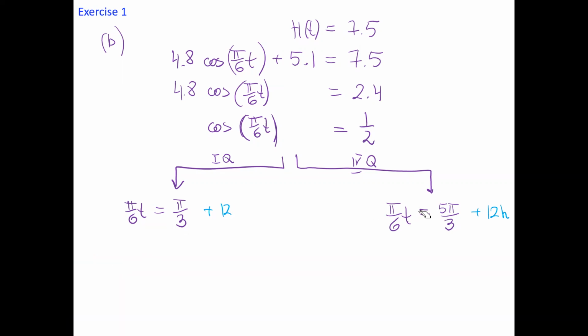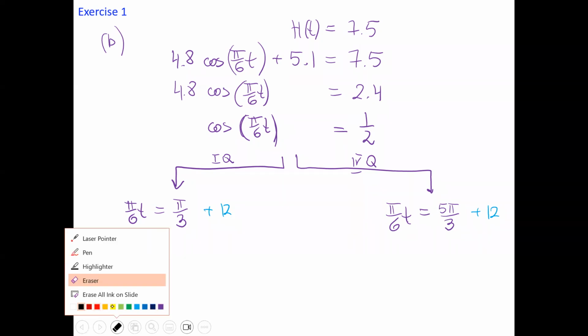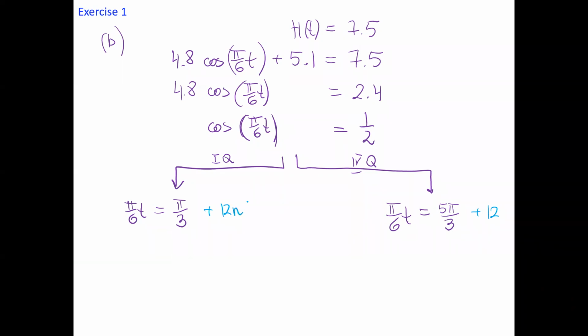Actually, I don't have to use 12 hours times n, I can use 12 hours times 1, 12 hours times 2 and 3. But let's solve this for t. I can ignore the 12 hours for a second. Solving this equation for t, because we have to get back to our model, we divide both sides by pi over 6, multiplying by 6 over pi. This is 2.